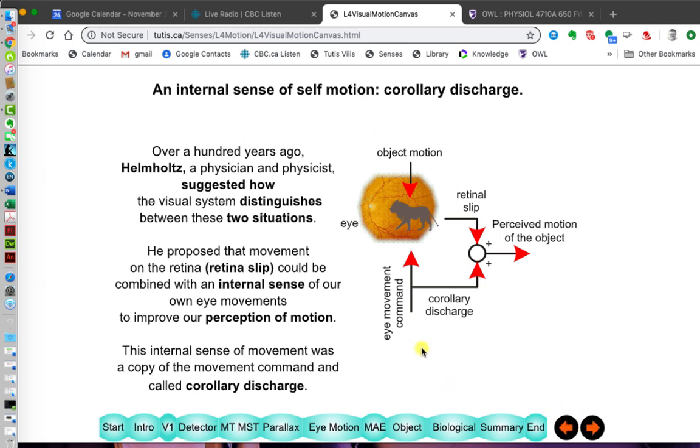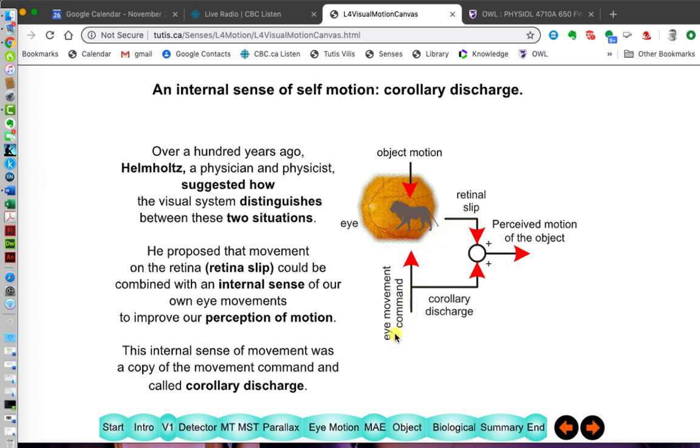And you can see here that again you have your eye and your lion moving. It's the object motion, or the image of the object motion, and that produces a slip of the object on the retina, the retinal slip.